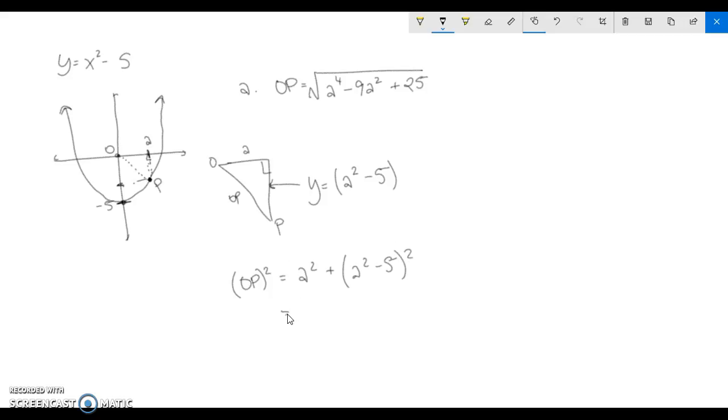Alright, that equals a squared plus a to the fourth power minus 2a squared plus 25. Yes? That's OP squared. So to find just OP, that equals the root of a squared plus a to the fourth power minus 2a squared plus 25.